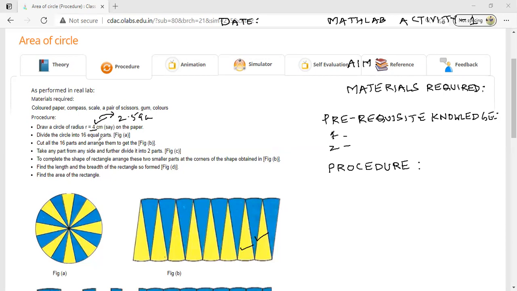Then divide the circle into 16 parts. No need to write figure. Cut all the 16 parts and arrange them together.